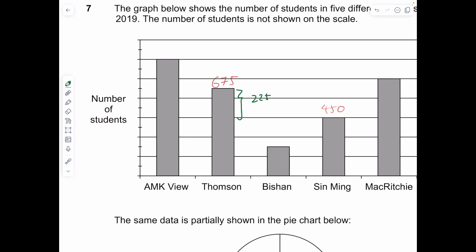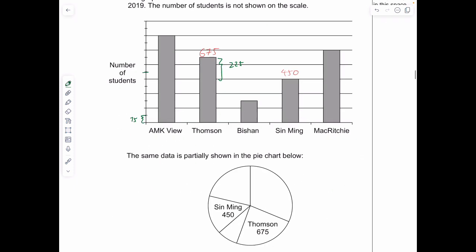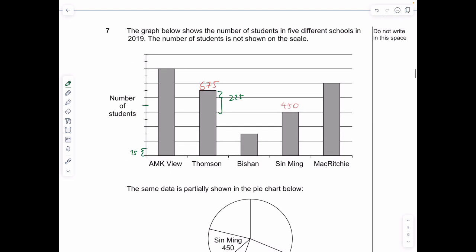And 225, when you divide by 3, is 75 each interval over here. So with that, we can figure out all this.